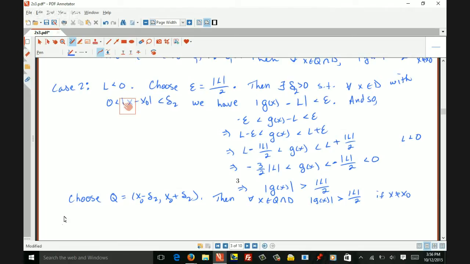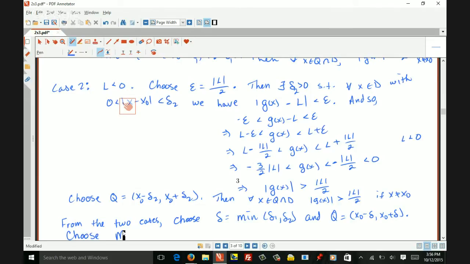What we're going to do right here, let me summarize the two cases. From the two cases, choose Q, choose delta to be the minimum of the two deltas, and Q to be equal to x naught minus delta to x naught plus delta.